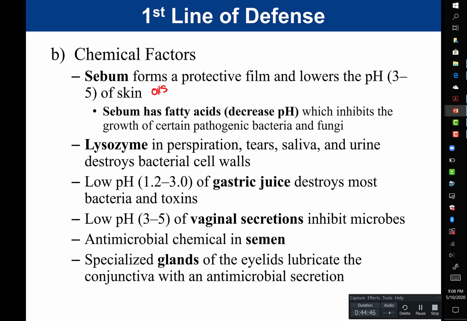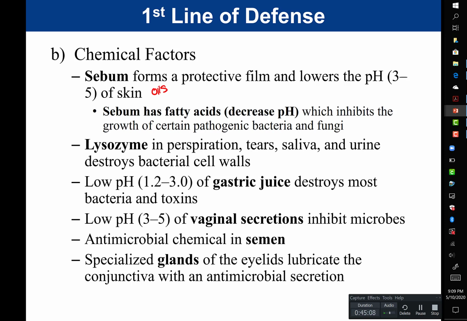And so this is there as a non-specific way. It targets bacteria non-specifically. And so again, it's produced in a variety of tissues in the body and in a variety of fluids in the body. And it non-specifically is there to inhibit bacterial cell growth.